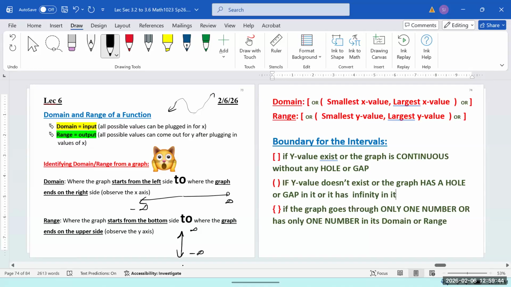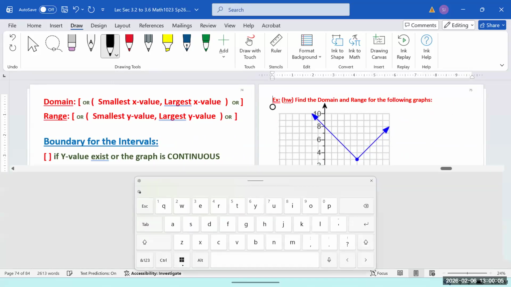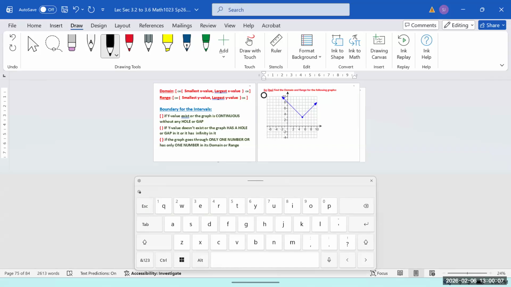So if you have a hole or it's continuous forever, which means infinity, then you're going to have parentheses. And if it's just continuous, without any hole or any gap, then it's bracket. So three types of boundary based on three types of scenario. Now, let me start with a portion of a graph.